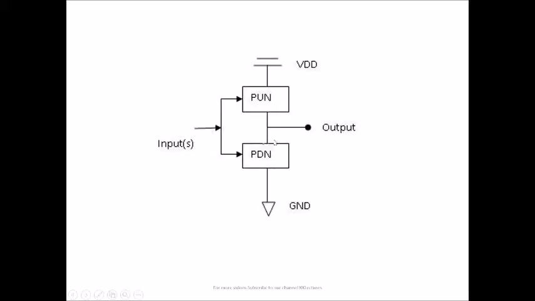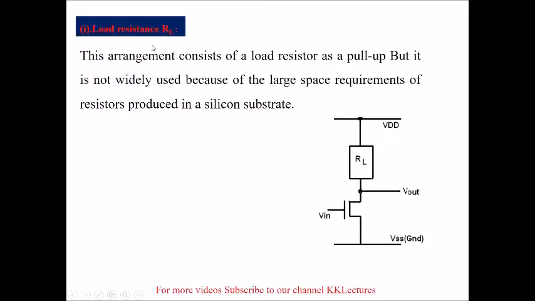Now let us proceed with the first one, that is a load resistor. If you see the arrangement here, in the pull-down network we have the NMOS, and in the pull-up network, wherever we need a PMOS, we are using a load resistor.